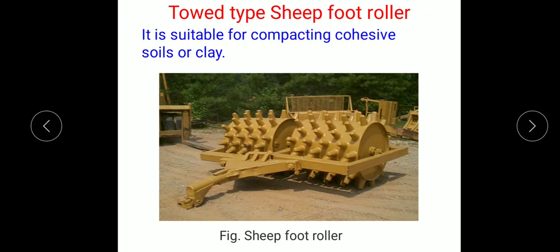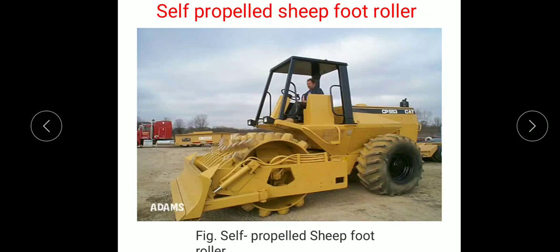In that case, for compaction purpose we can use such type of sheep foot rollers. The figure is as shown here. The next type is the self propelled sheep foot roller. So here we can see this is a self propelled sheep foot roller.